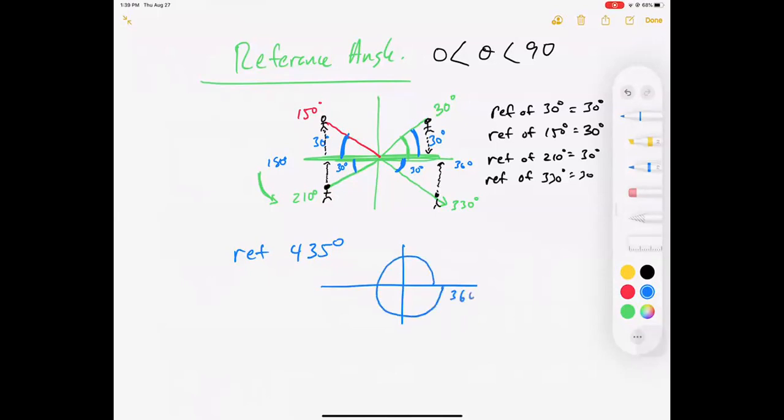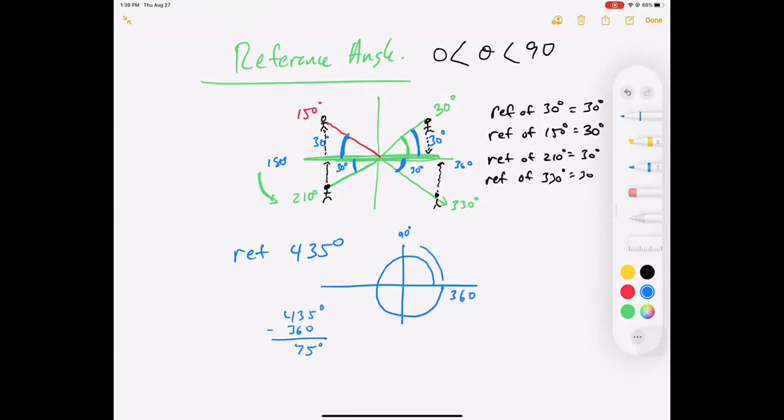That is 360 already. 435 minus 360 leaves us 75 degrees left. Right? Is 75 degrees enough to go vertical, or am I going to be a little bit short? You're going to be a little bit short.